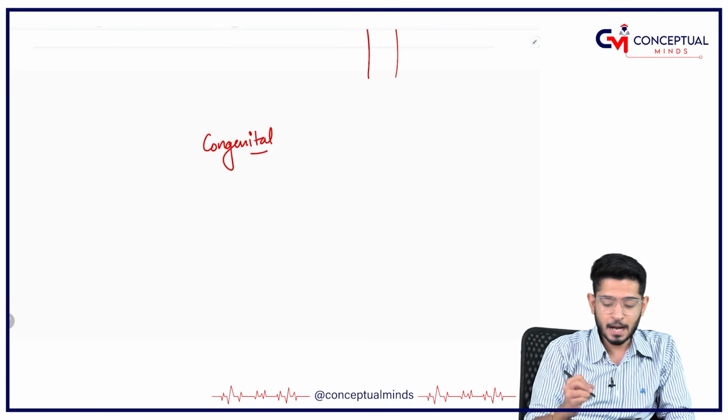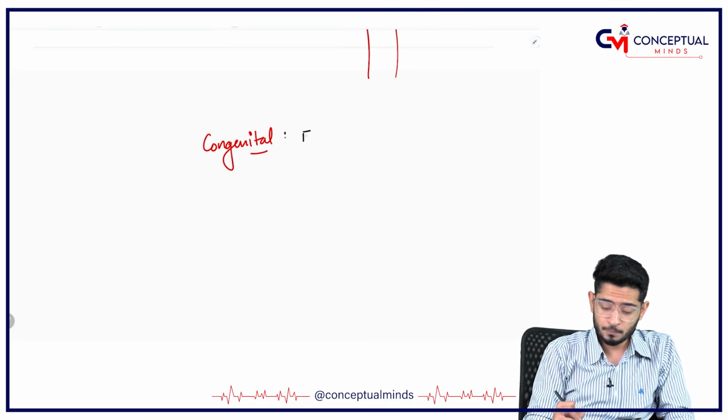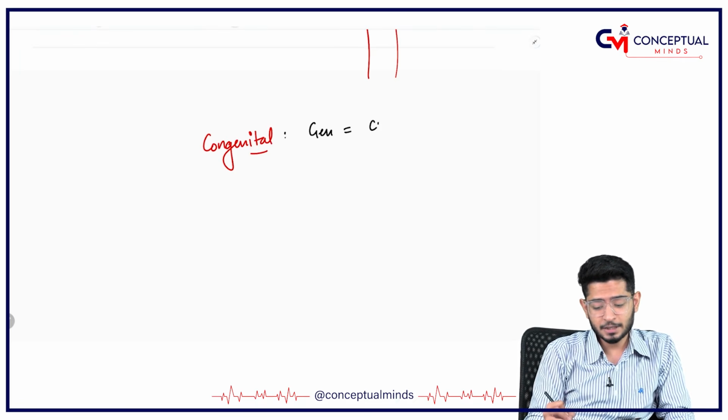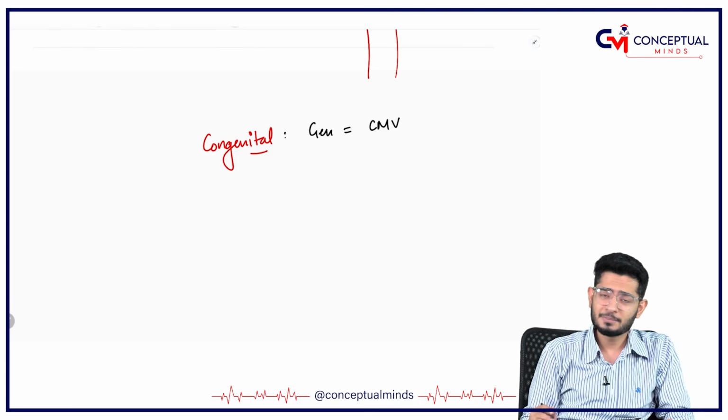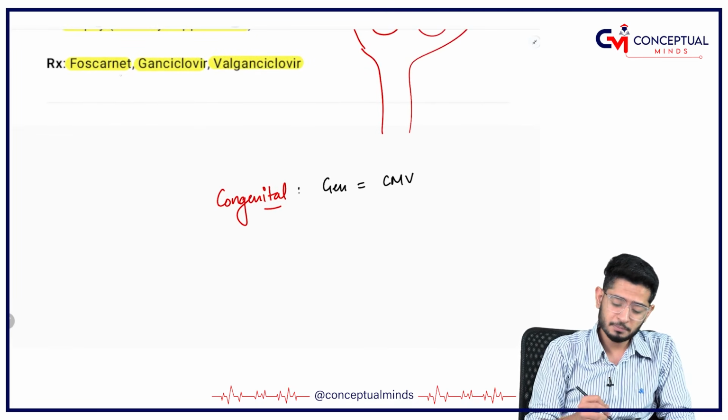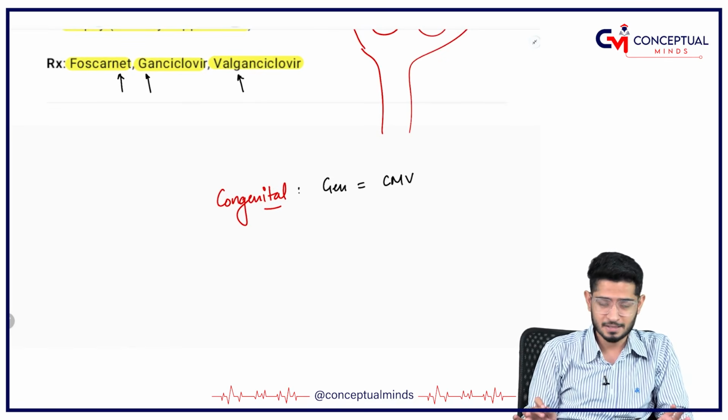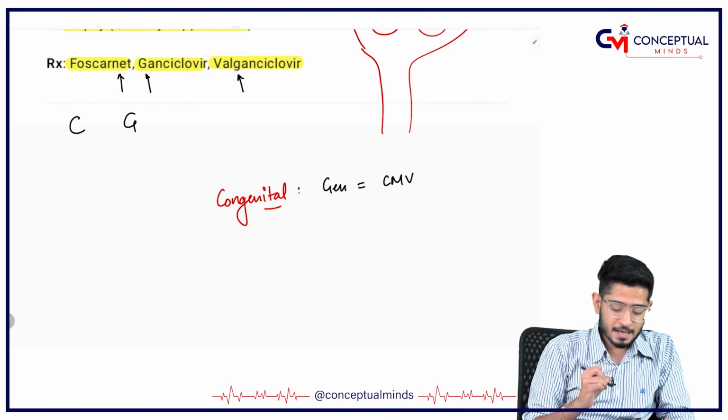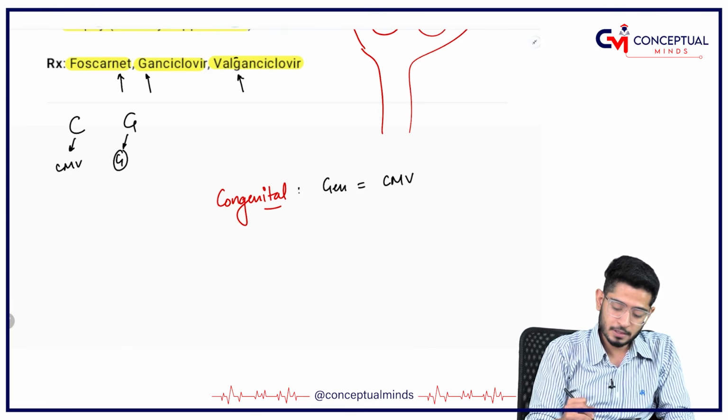So, I urge you to please go to the general microbiology and see the cytomegalovirus from there, what are the manifestations, although the treatment of foscarnet, ganciclovir and valganciclovir is there. I always teach students, C and G look similar. So, remember for CMV you have G for ganciclovir and valganciclovir.